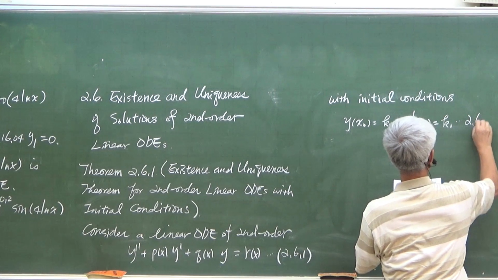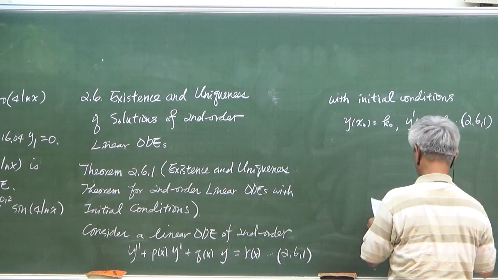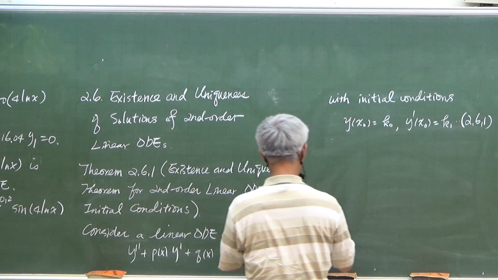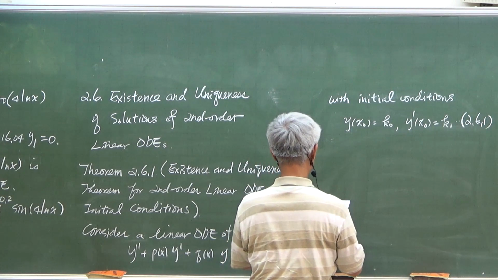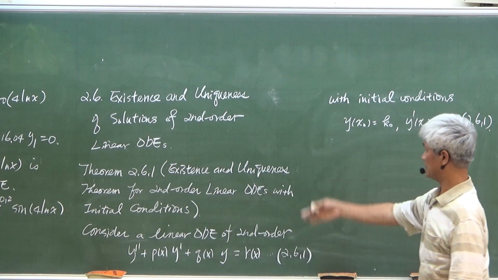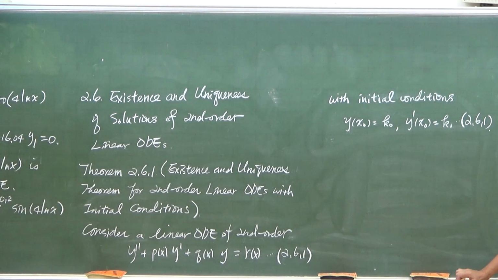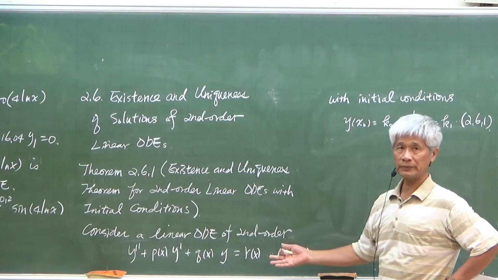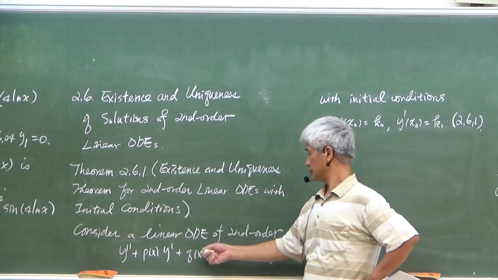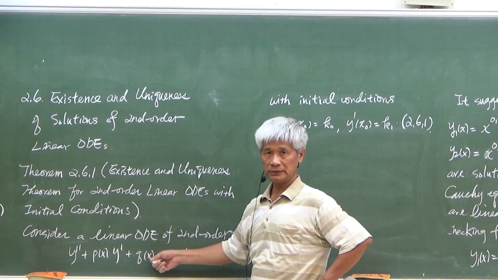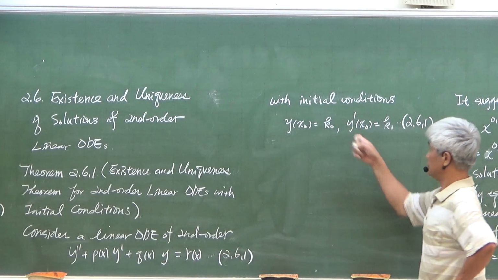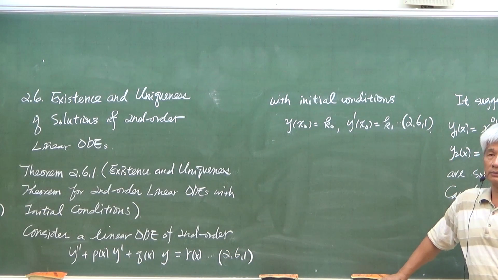And we call the formula 2.6.2. Okay? So we consider such an initial value problem. So an initial value problem consists of an ODE and two initial conditions.